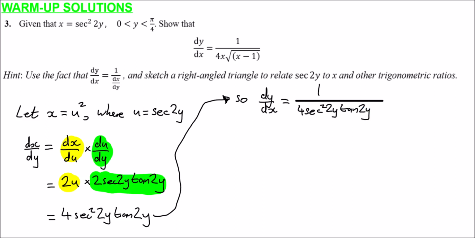But now, just for a moment, let's consider this right-angled triangle which I mentioned in this hint. So going back to GCSE, we have sine, cos, tan followed by a number or an expression, in this case 2y, but we can think of this as essentially the angle.